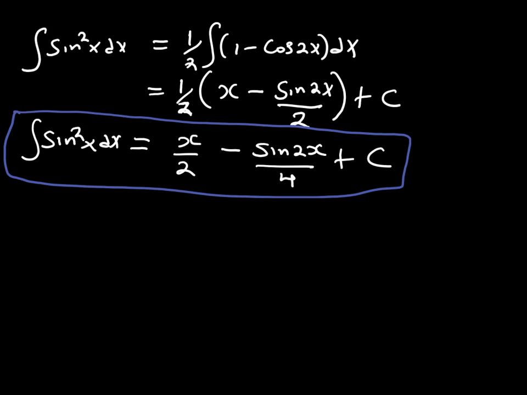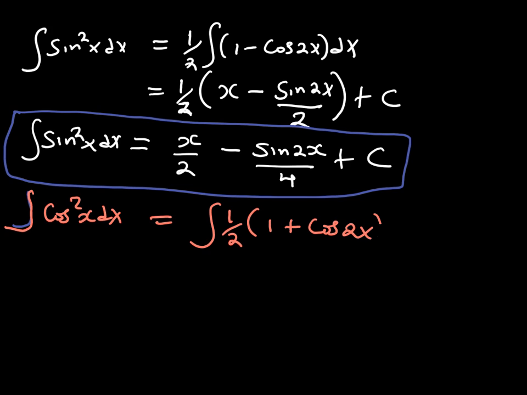Okay, so let's try cosine. Integrating cos squared x dx, we end up with the integral of one half of 1 plus cos 2x dx. What will change between cosine and sine?